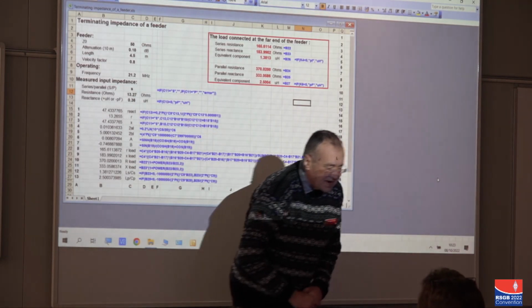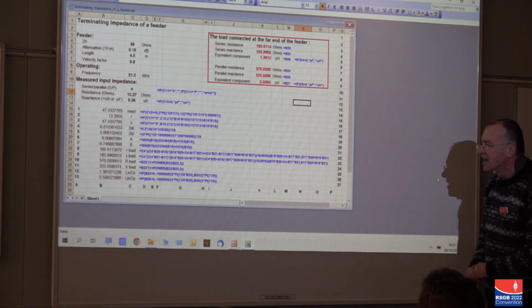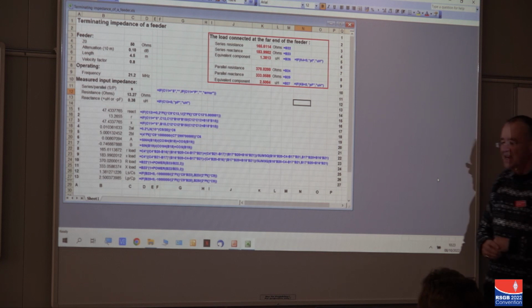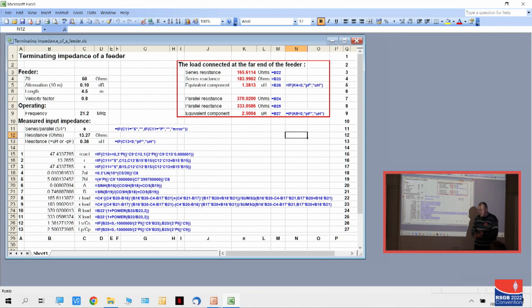You can do it the other way around, and you can say, okay, well, in this case, I actually measure an impedance at the transmitter end, because my antenna is 50 feet in the air. I actually measure an impedance of, in this case, 13.27 ohms with a series reactance of 0.36 of a microhenry.